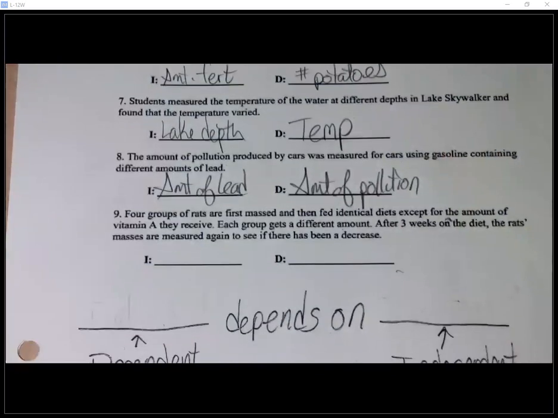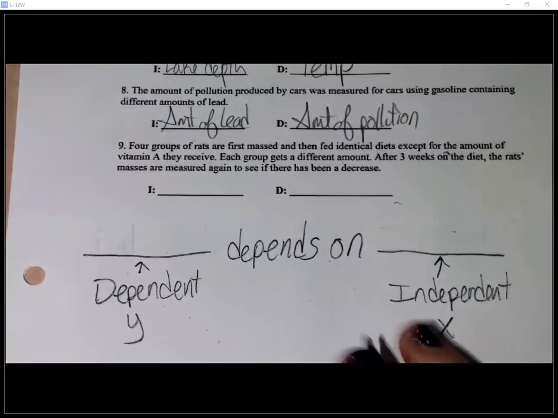Okay, last one. 4 groups of rats are first massed and then fed identical diets except for the amount of vitamin A they receive. Each group gets a different amount. After 3 weeks on the diet, the rats' masses are measured again to see if there has been a decrease. So what are we testing? Jake, go ahead. Mass would be dependent on the amount given each.